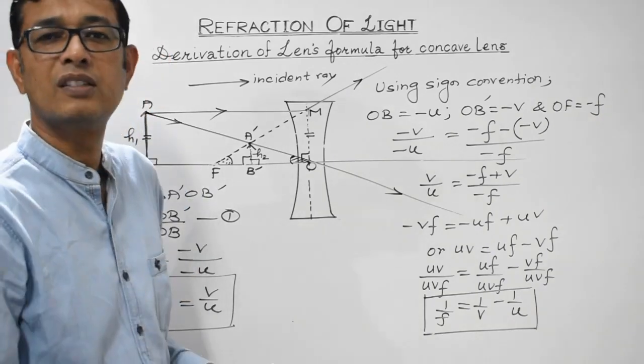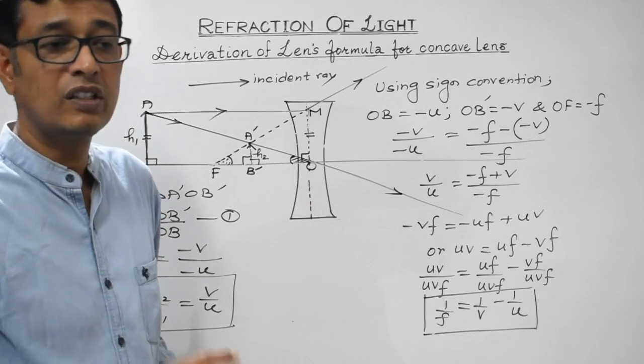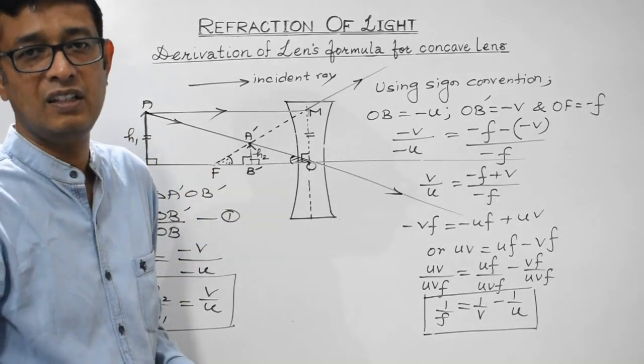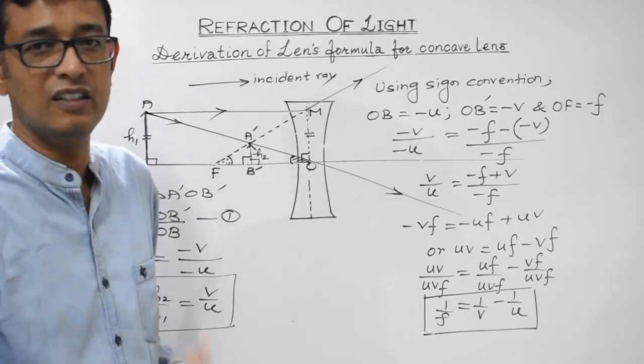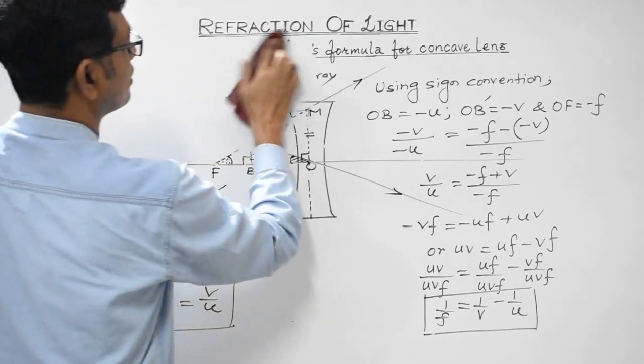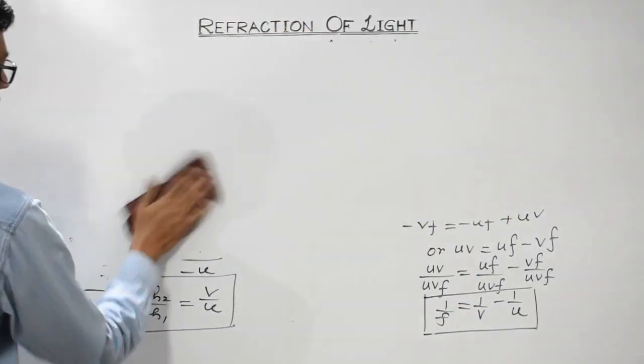let's recapitulate some important facts between mirrors and lenses. Students, there shouldn't be any sort of confusion between mirrors and lenses. Every concept should be crystal clear. So, let us revise those topics so that you don't get confused.